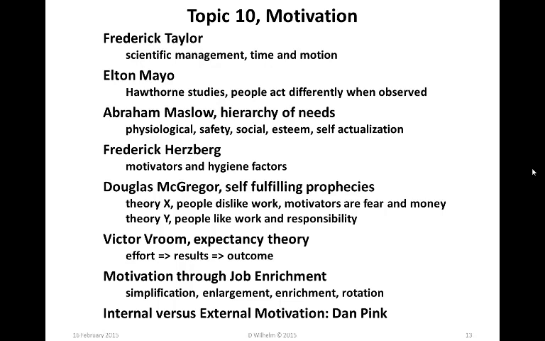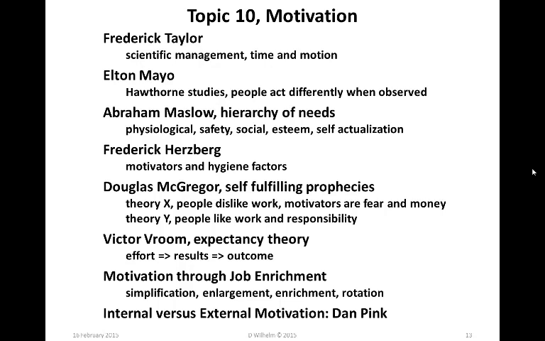Victor Vroom's expectancy theory: before somebody does something, they look at whether effort will actually lead to results and whether the results will lead to a desired outcome. If those links don't work, motivation will not be there. Motivation through job enrichment: depending on the job and the match to the person, maybe the job should be simplified, maybe it should be enlarged.